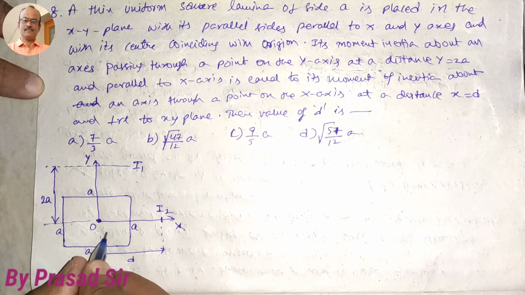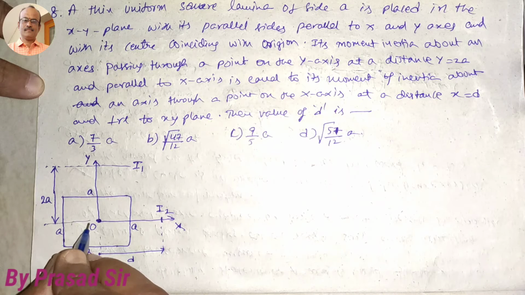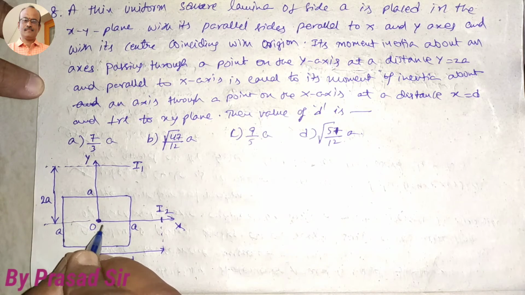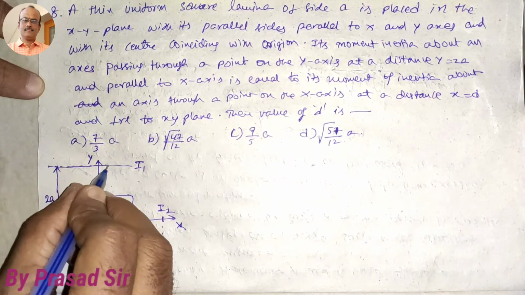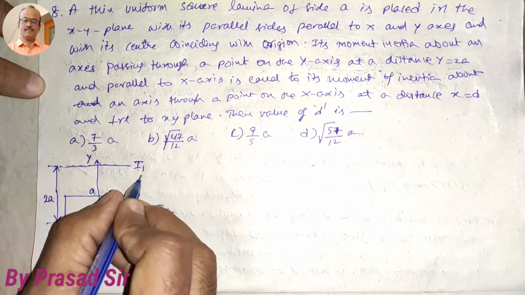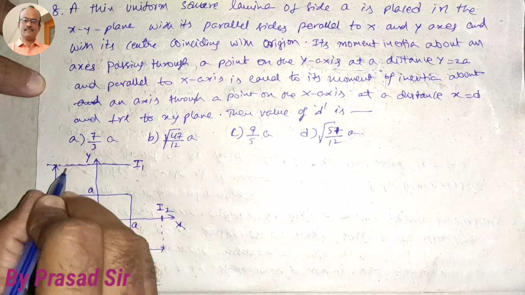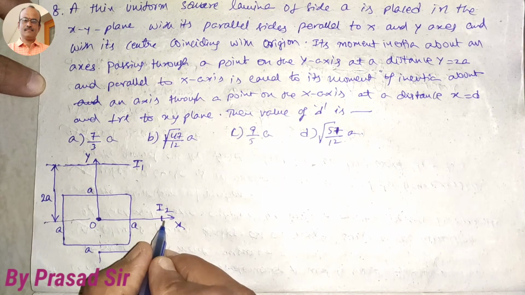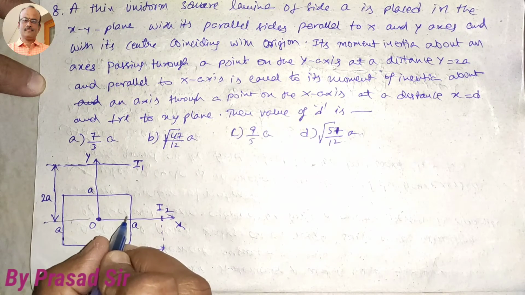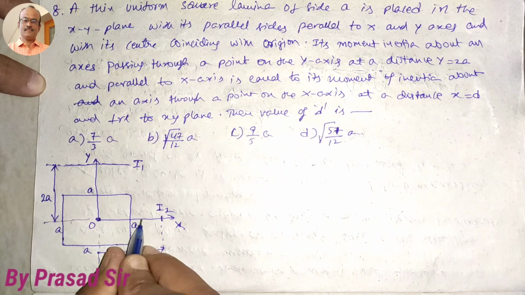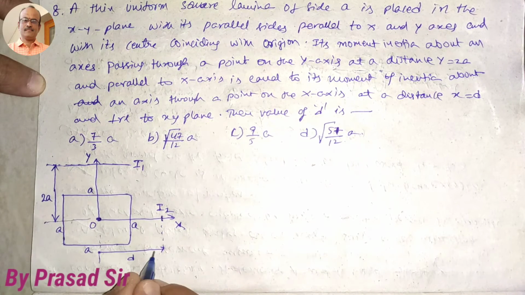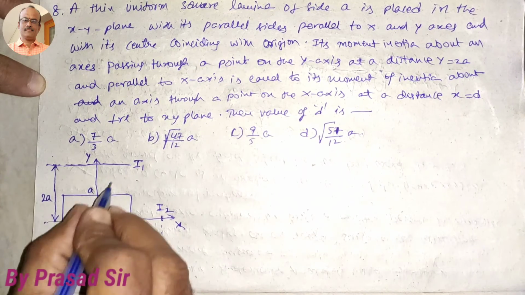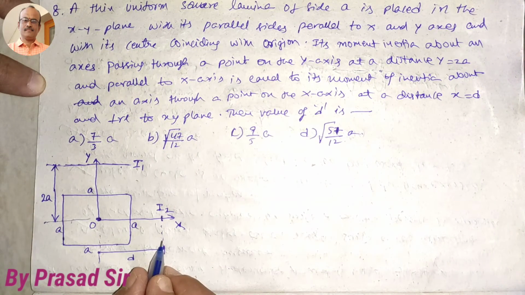Its moment of inertia about an axis passing through a point on the Y axis at a distance Y equal to 2a from the origin, here the moment of inertia is taken as I1, parallel to the X axis. It is equal to the moment of inertia about an axis through a point on the X axis at a distance X equal to d. Then the value of d is how much? That means this moment of inertia and this moment of inertia are equal.